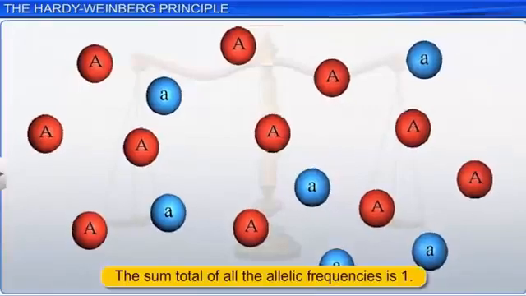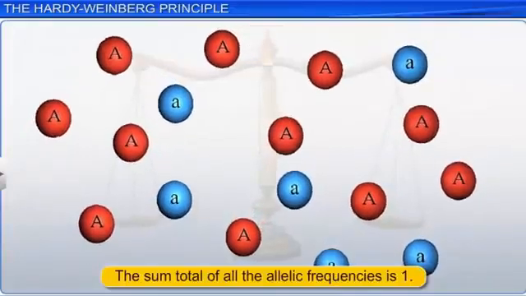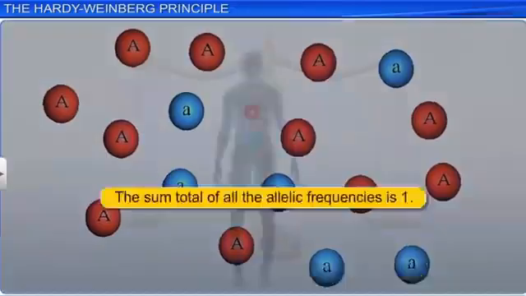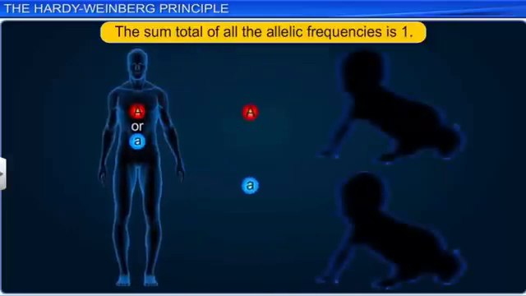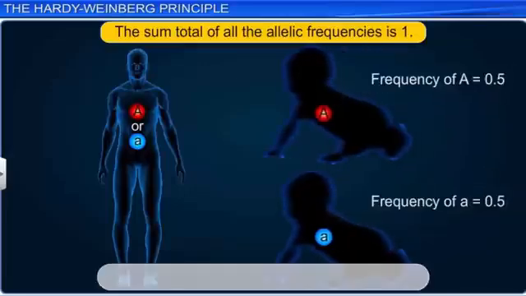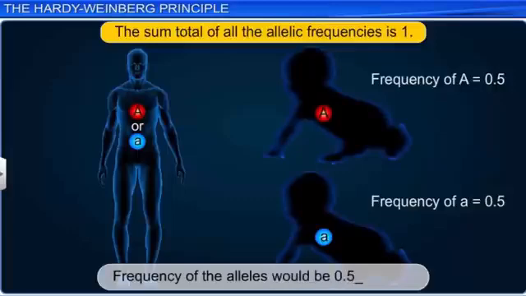Let's understand how this equation is derived. The sum total of all the allelic frequencies is 1. Generally, there are two forms of a gene. That is, two alleles for one character. Each of these alleles has an equal chance of getting inherited. Therefore, the frequency of the alleles would be 0.5 plus 0.5, which is equal to 1.